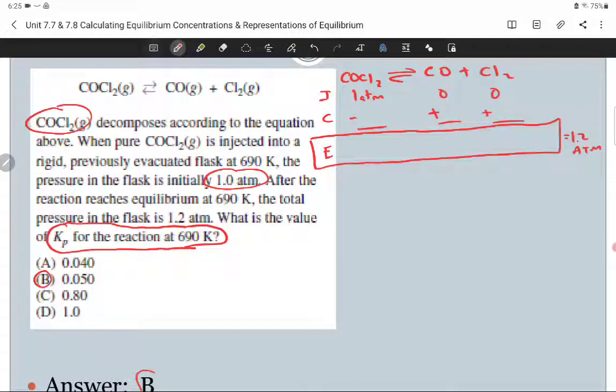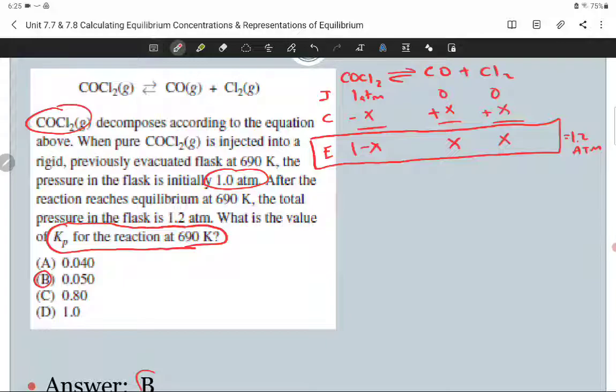Okay, so when we add up all those partial pressures, it has to equal 1.2 atmospheres. So again, we don't know these changes, but we know it's a 1-to-1-to-1 ratio between all of the items in the chemical reaction, so we can give them the same variables. So 1 minus x, 0 plus x, and 0 plus x.